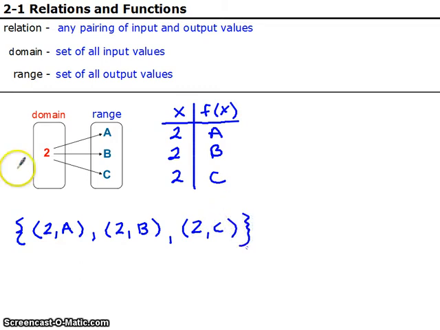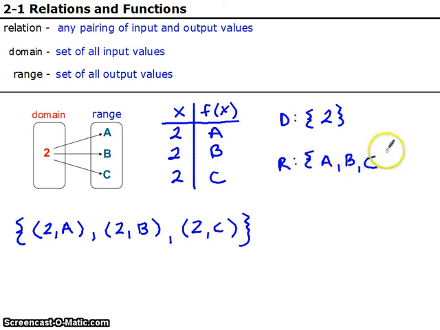All right, sometimes you're just asked to list the domain. So what's the domain? Well, in this one, there's only one, 2. All right, list out the range. Well, in the range, we have a, we have b, and we have c. Notice how I'm listing these sets out. We've talked about sets like real numbers and rational numbers, but really any grouping of numbers that you come up with is called a set.